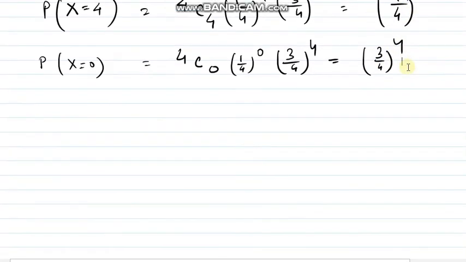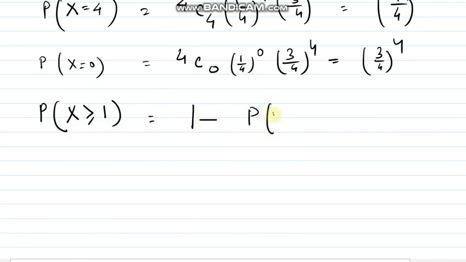Next one, probability of at least one white ball. At least one means, as I have always discussed, 1 minus no white ball. Because at least one means it can be 1 white ball, 2 white balls, and so on. So the total probability is 1, and from the total probability 1 I am going to just subtract this.